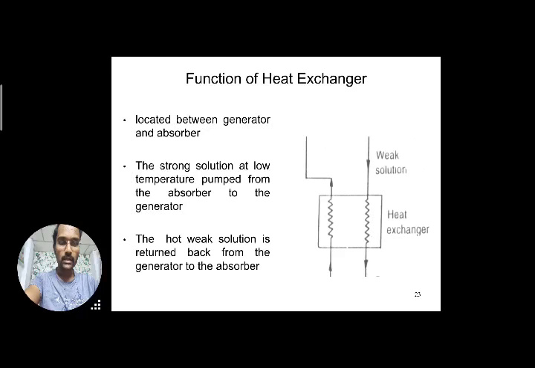Here the right side of the circuit is the hot weak solution, and the left side of the circuit is at low temperature. So due to these low temperature and high temperature circuits, heat exchange will take place. The strong solution is heated, and on this side the weak solution gets cooled. That is done primarily in the heat exchanger. So the primary function of heating and cooling is taking place here in the heat exchanger.